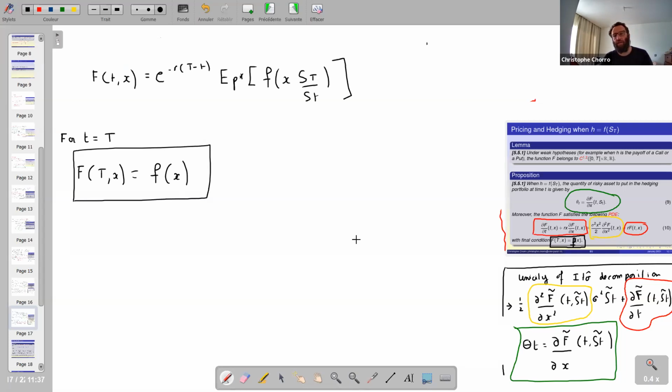So in the case where the contingent claim has the form of a function of S_T, I can express the price function as a solution of a partial differential equation, which I call the Black and Scholes PDE.